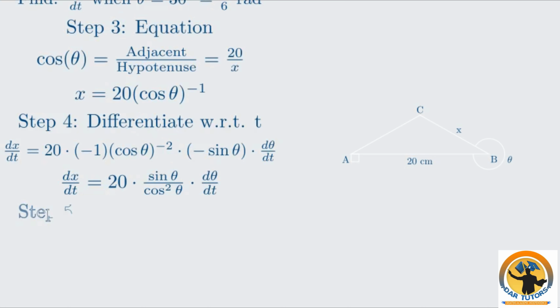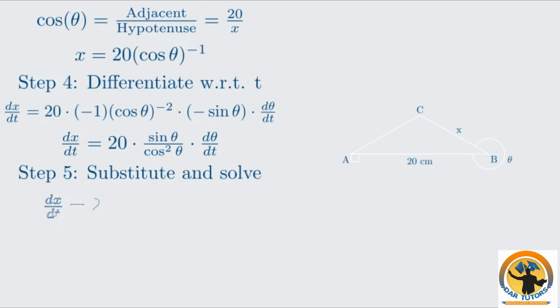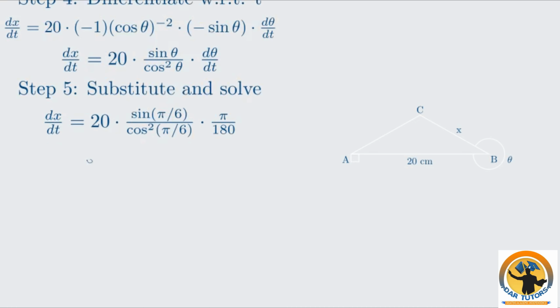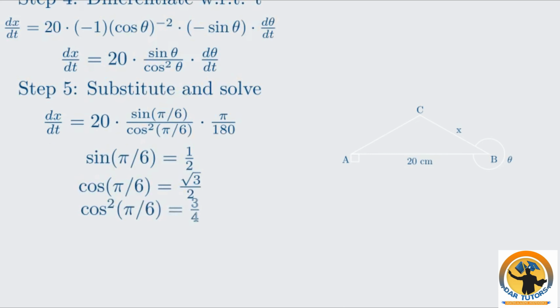Step 5. Substitute and solve. We substitute our values for theta and d theta dt. dx dt equals 20 times sin pi over 6 over cos squared pi over 6 times pi over 180. We know sin pi over 6 is 1/2 and cos pi over 6 is root 3 over 2. Squaring cos pi over 6 gives 3/4.